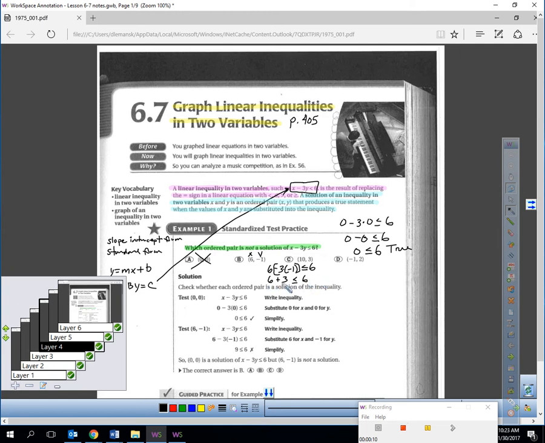Is that true? No, this is 9, that's false. Okay, so B would be the correct answer because when I plug it in for x and y, it's not a true statement. Ordered pairs which make the inequality true are called a solution. That's not a solution.